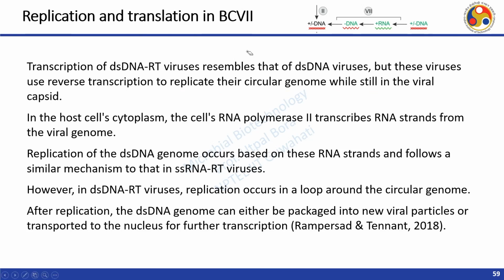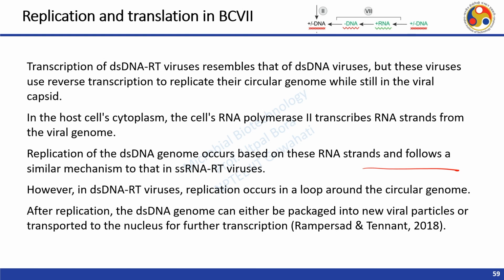In the host cell cytoplasm, the cell's RNA polymerase II transcribes RNA strands from the viral genome. Replication of the double stranded DNA genome occurs based on these RNA strands and follows a similar mechanism to that in single stranded RNA RT viruses.